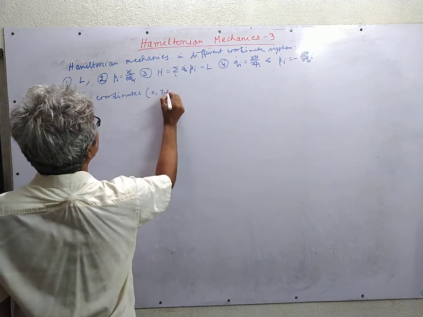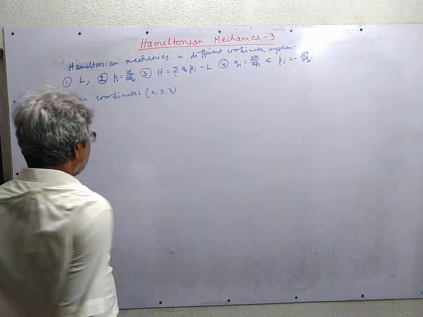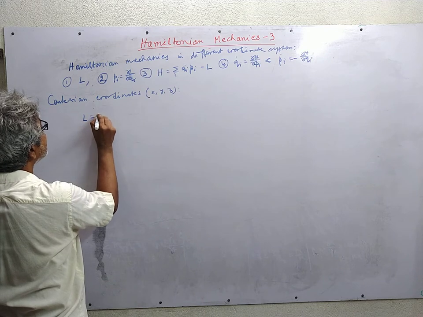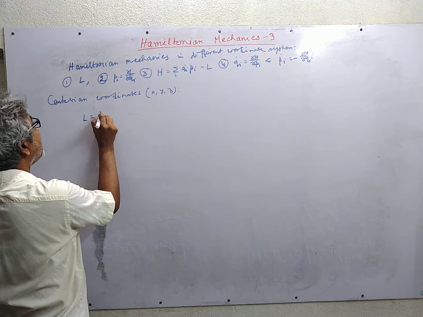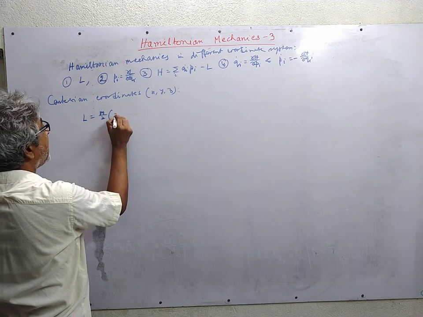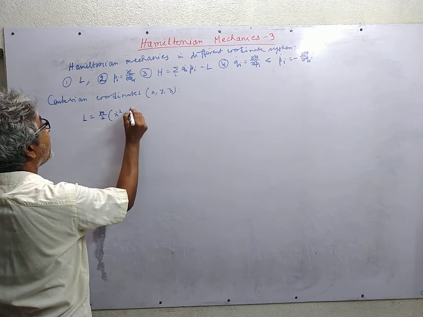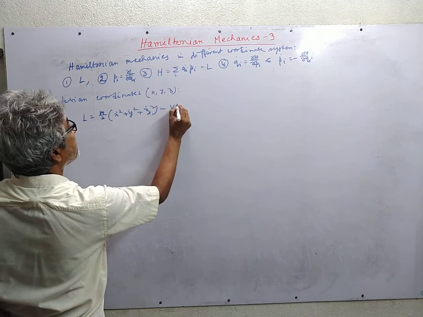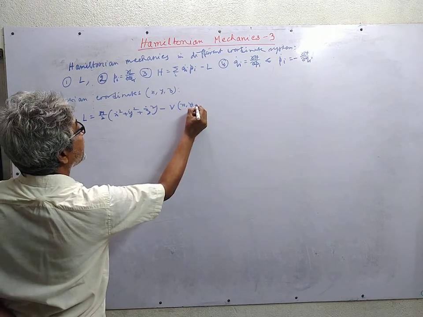So we describe a single particle system in a Cartesian coordinate system. The Lagrangian L is m by 2 times x dot square plus y dot square plus z dot square, minus V of x, y, z.